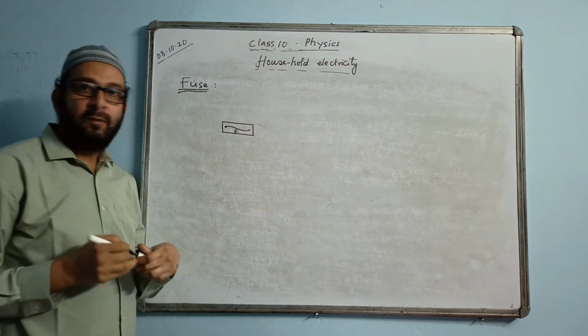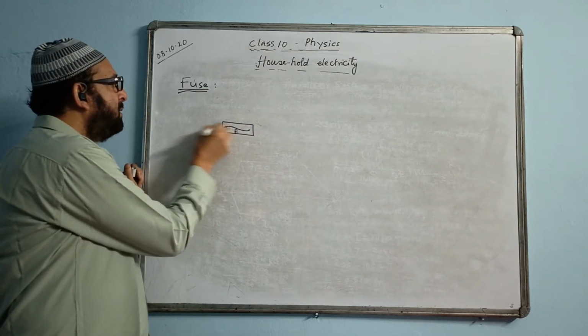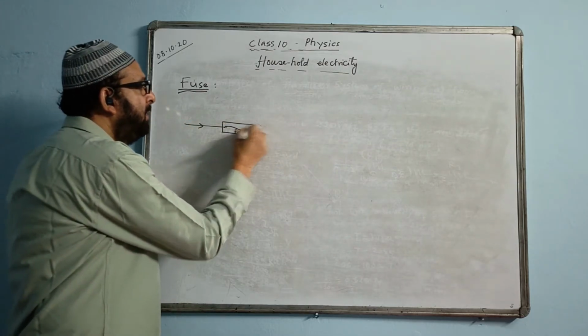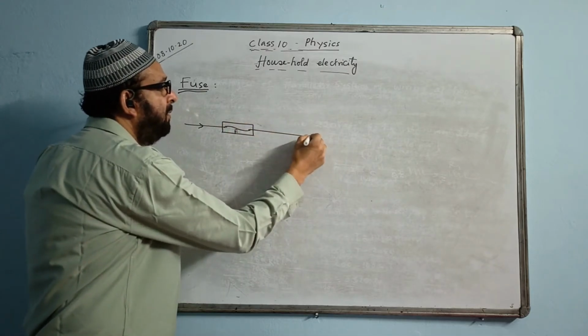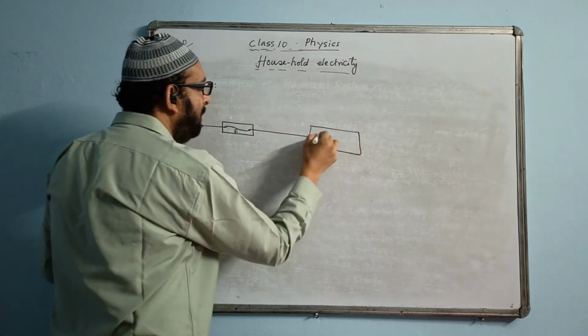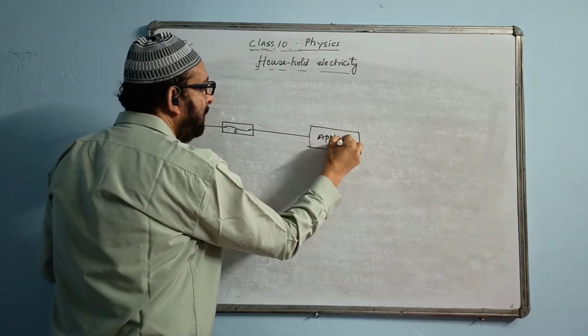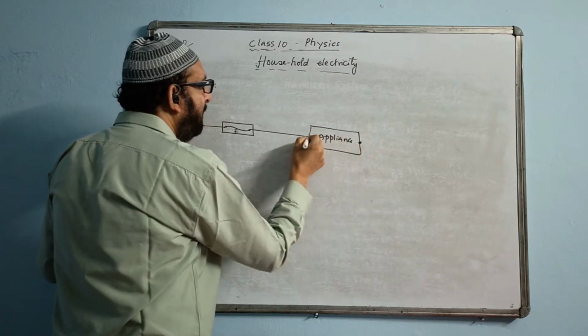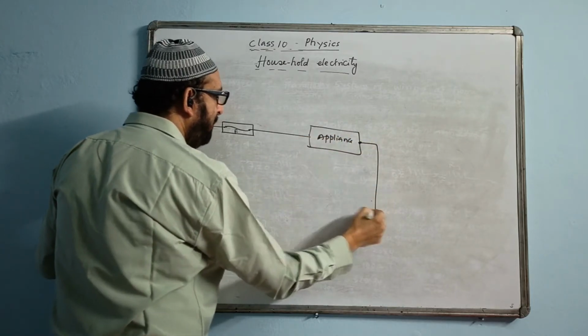This is called a fuse. And this side there will be input here, and output here, and there may be appliances over here, and then there is an appliance here, and this side we will be having the neutral wire.